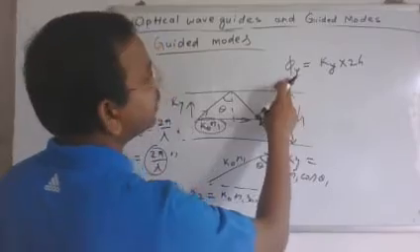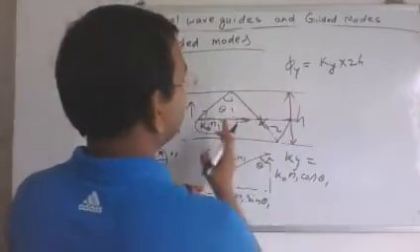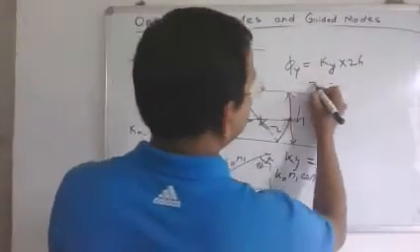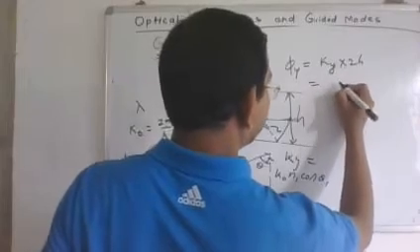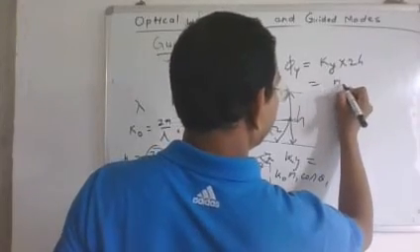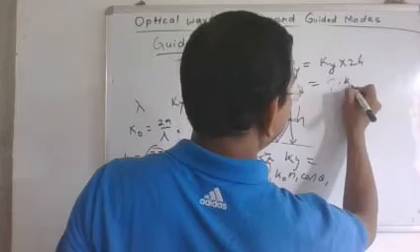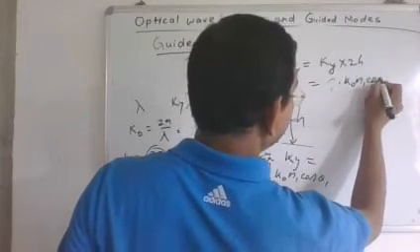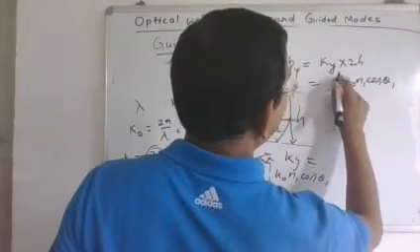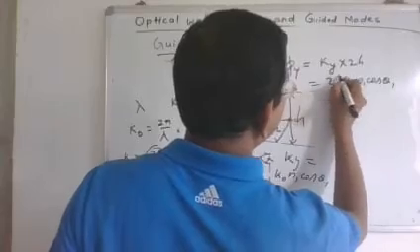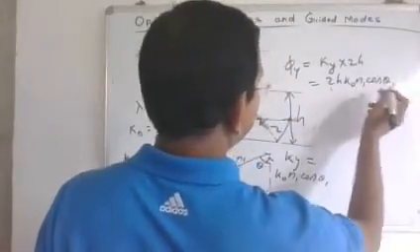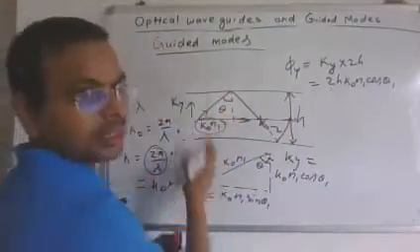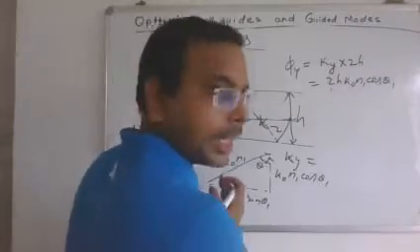So this is called the round trip phase in the perpendicular direction. And what is ky? It's k naught n1 cos theta 1, and we are multiplying 2h. So 2h k naught n1 cos theta 1 is the phase accumulated in the perpendicular direction.